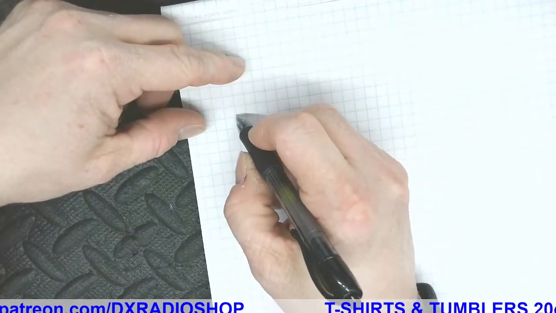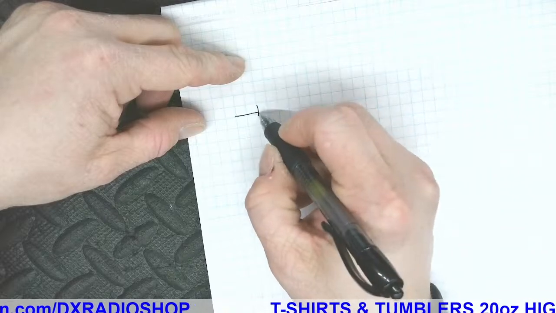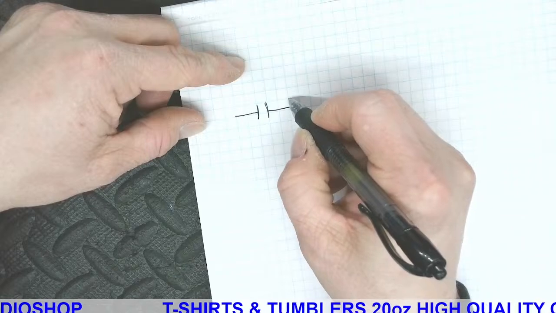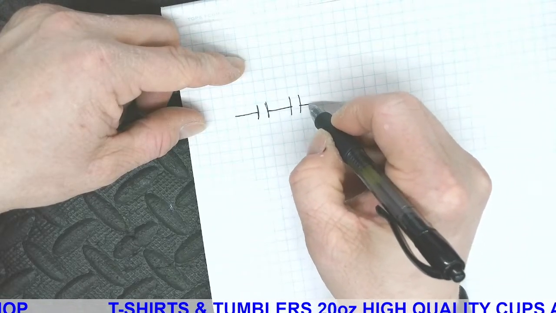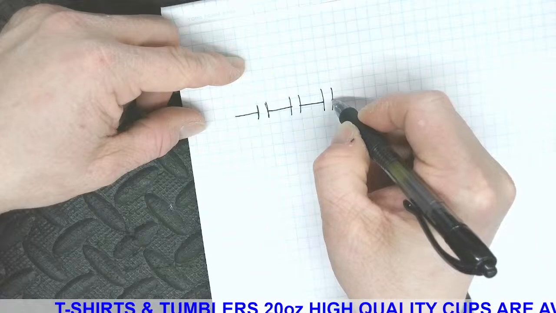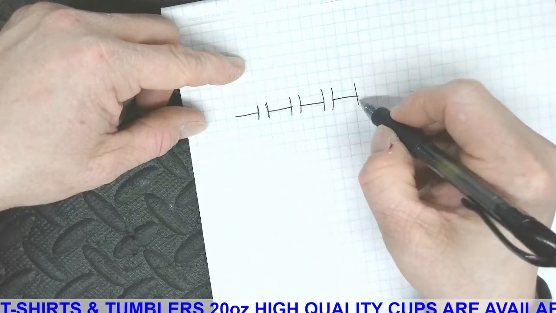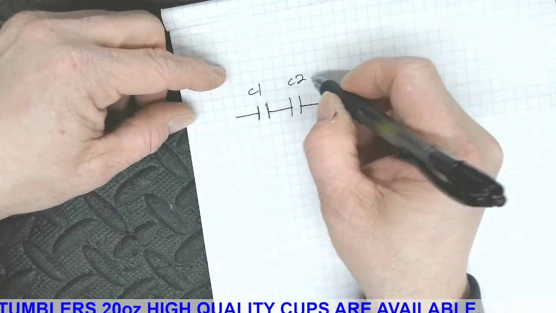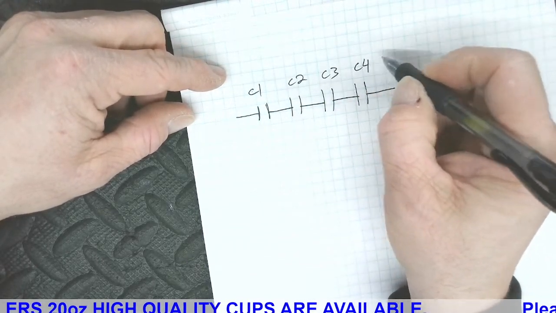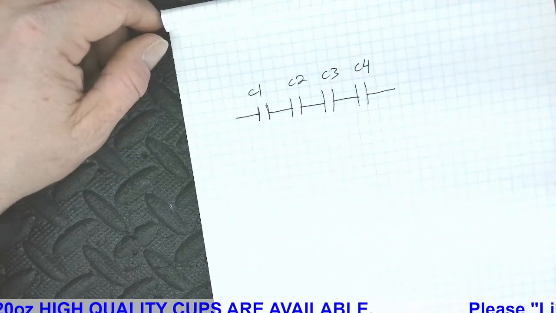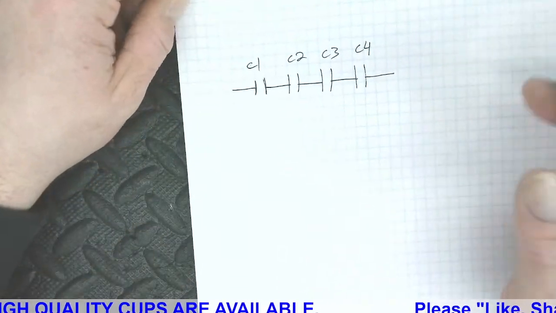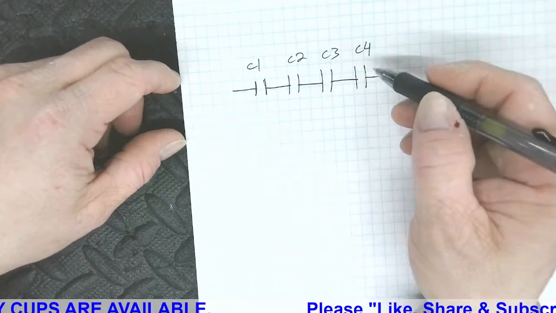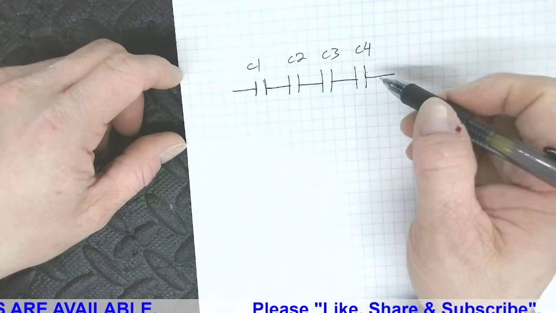Let's say we have C1, C2, C3, C4. So we have 4 capacitors, and we want to know how we get the total value.